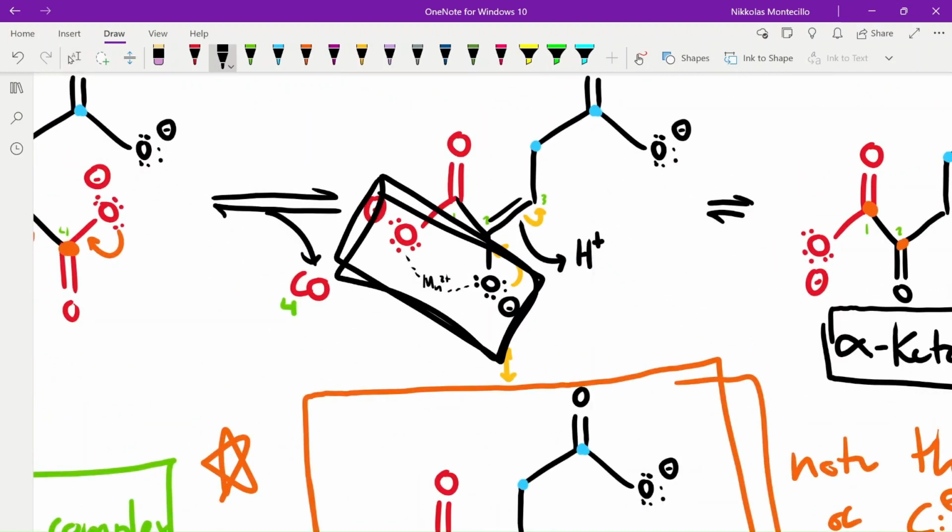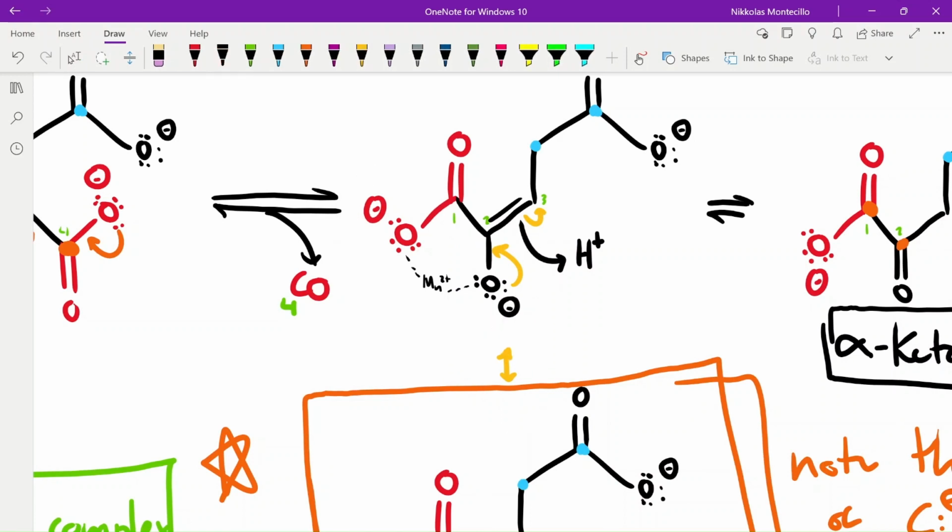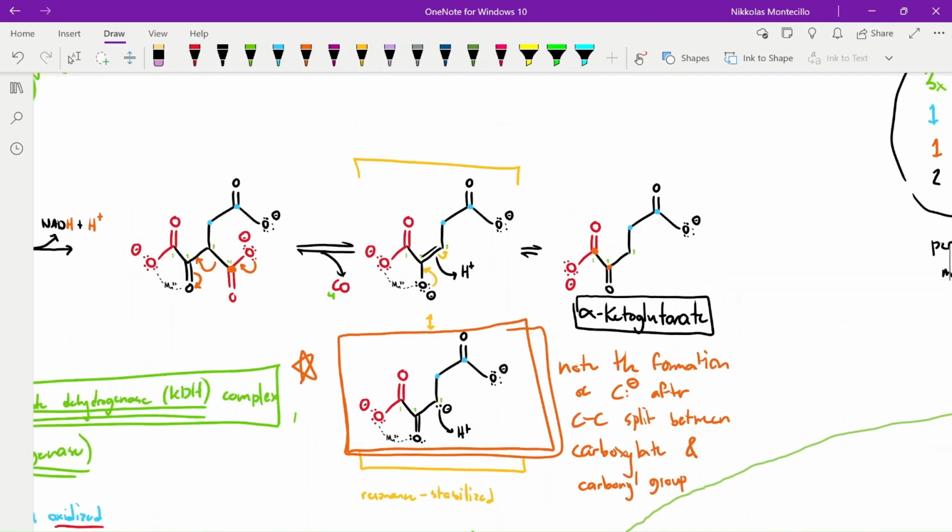Because it has a positive charge of 2, so it stabilizes the negative charges formed here. That's why this reaction is favorable. We can also see that there's resonance stabilization, where if you see in these yellow arrows, the molecule stabilizes because of resonance and the addition of prosthetic groups. Okay?